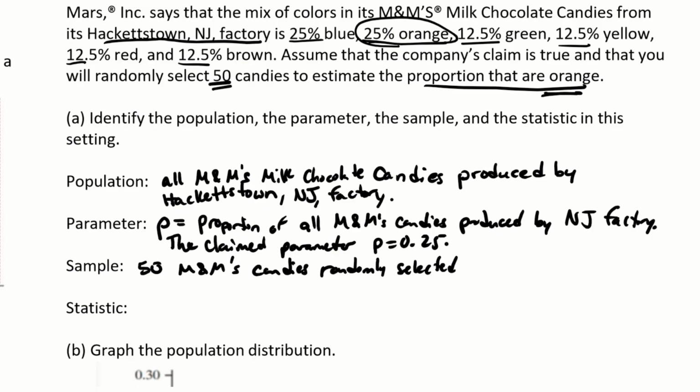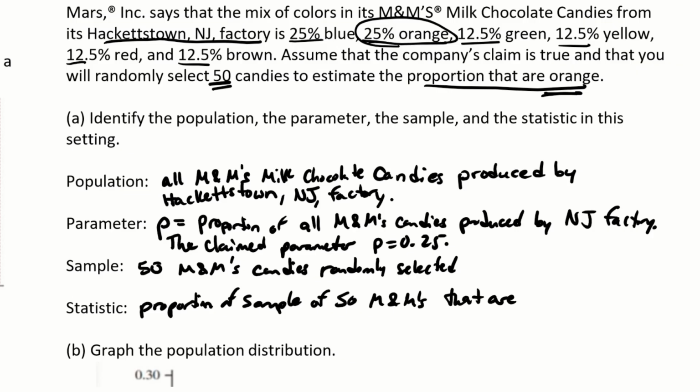The statistic is the proportion of the sample of 50 M&Ms that are orange. And the symbol for that is p hat. Now we don't know what that is, because they didn't give us what that specific p hat was for that particular time. But so there you go.